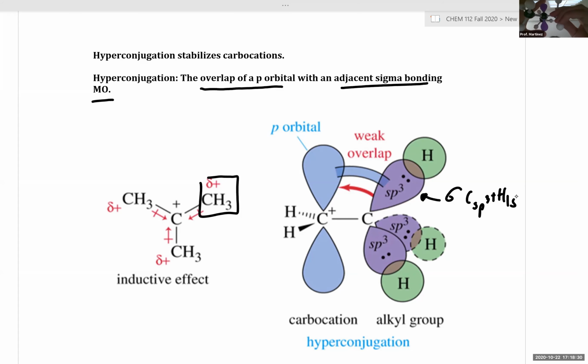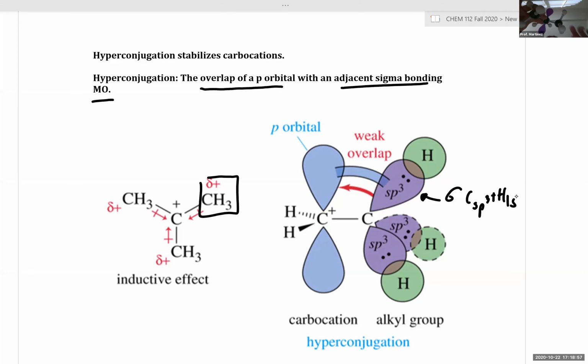Does everyone see our p orbital? Okay, now each of these adjacent sigma bonds, the carbon-carbon bond, constantly rotates. These sigma bonds can be aligned in a way where they can engage in overlap with our p orbital.